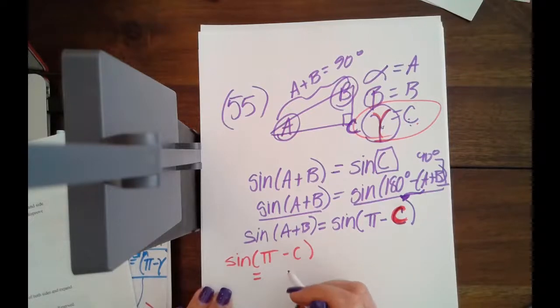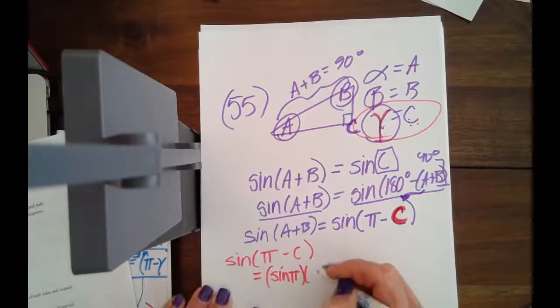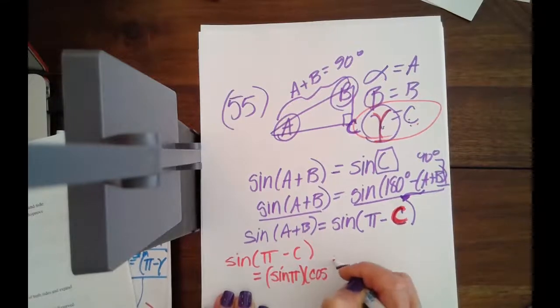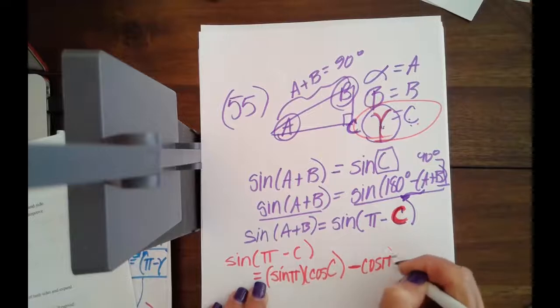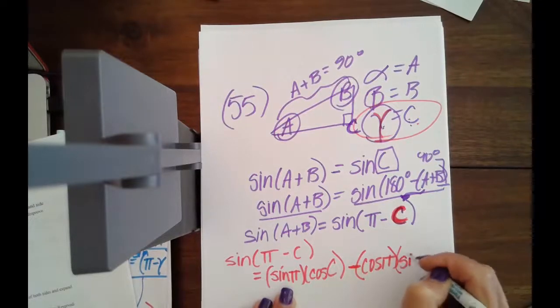That's going to give us the sine of pi times the cosine of big C, minus the cosine of pi times the sine of big C.